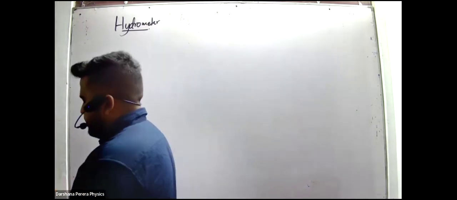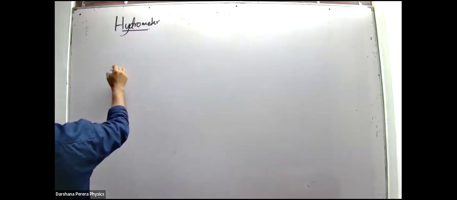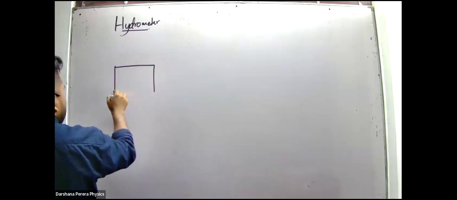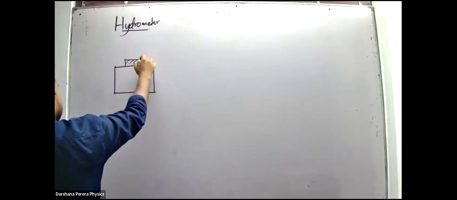Floating object means it's like a plump or like this. It is floating. So the ice cube is like this. The floating object is like this.